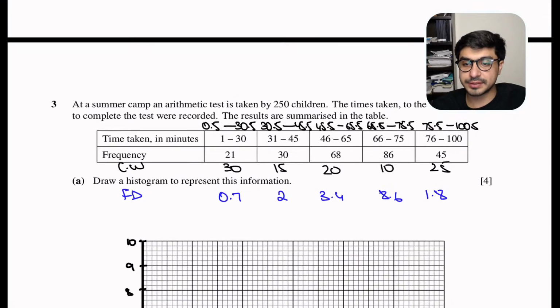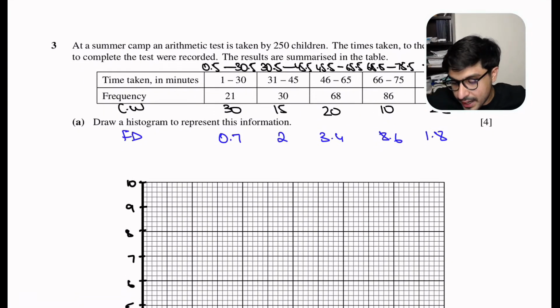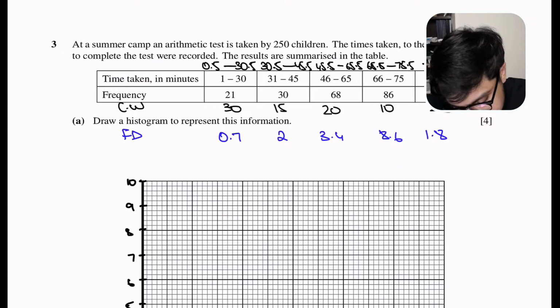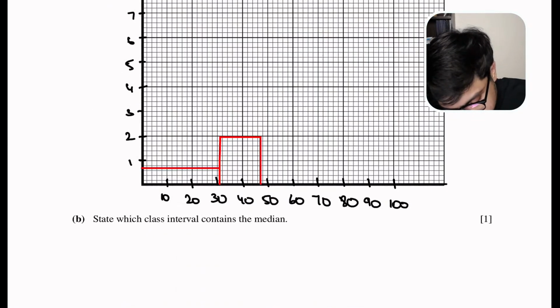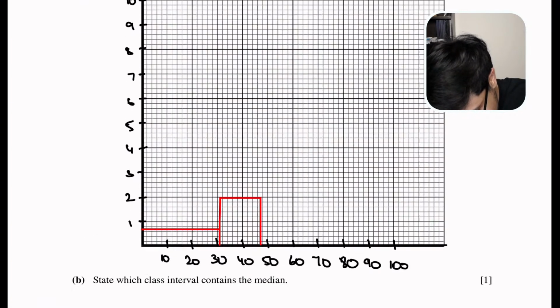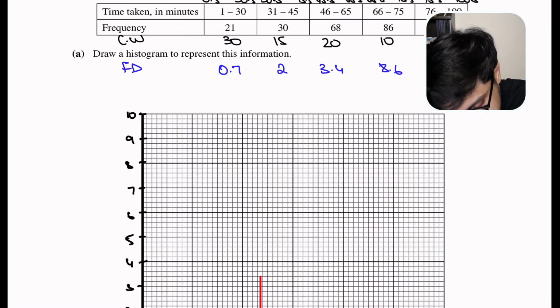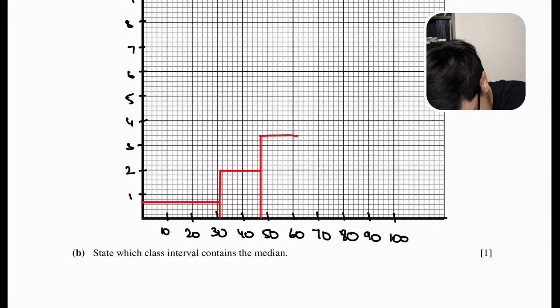Okay, now over here comes 45.5 till 65.5, and the frequency density is 3.4, right? So 3.4 is going to be the frequency density for 45.5 to 65.5. So 3.4 is going to be somewhere over here first of all, and 65.5 is going to be somewhere over here, and it is going to be something like this, right?